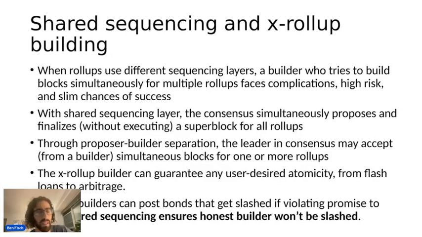And finally, I want to talk about the advantages of cross rollup building. So when rollups use different sequencing layers, then a builder who's trying to build blocks simultaneously for multiple rollups faces complications, high risk, and generally slim chances of success.